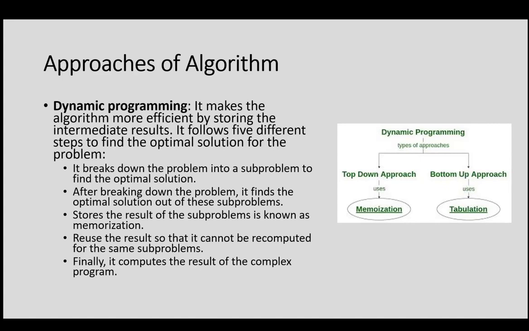Then we saw some of the factors we consider, the issues we face while building an algorithm, and the theoretical and practical importance of algorithms. Finally, the four different approaches: brute force, greedy algorithm, divide and conquer, and dynamic programming.